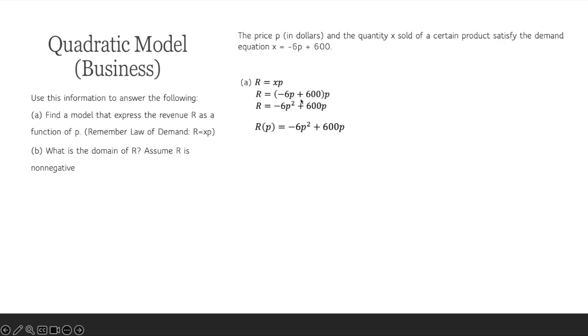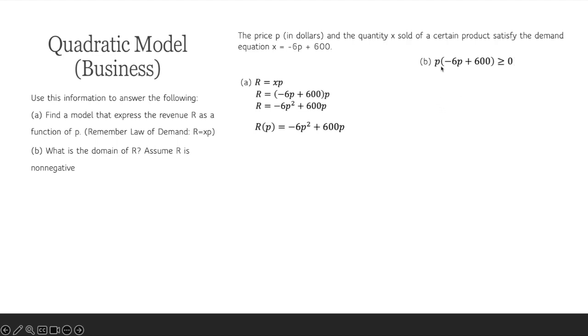So you start with the revenue, and this whole thing has to be non-negative. What I did here, I start with this expression and factor out the P. And this has to be non-negative, greater than or equal to 0.